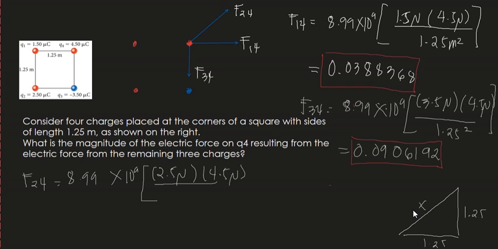So applying the Pythagorean theorem, x is equal to the square root of 1.25 squared plus 1.25 squared.